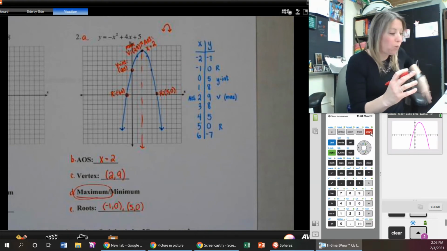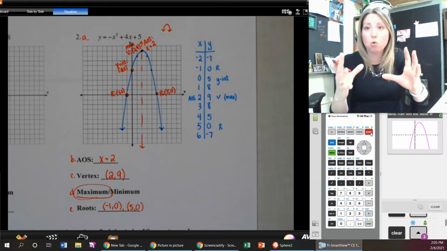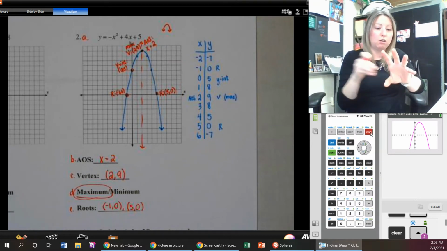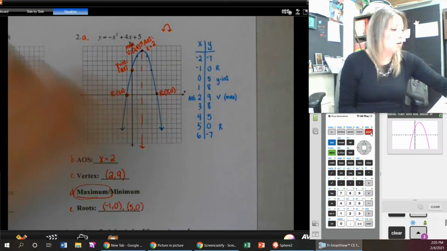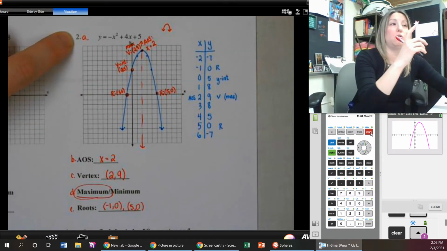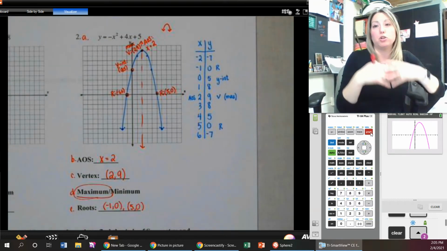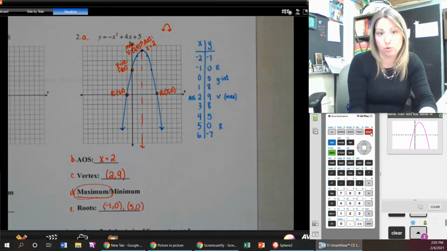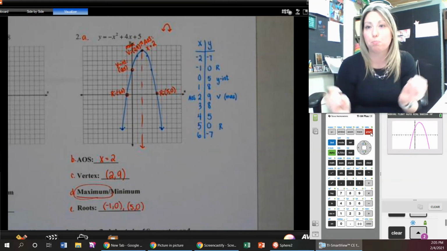So the way I set it up in your Google form, I did one quadratic function for parts A through K. So in your Google form, there's going to be question number 1 and question number 2, and that's it. But you have all these parts you have to answer for those. As I go through this, I'm just going to show you what lines up with each of the parts.